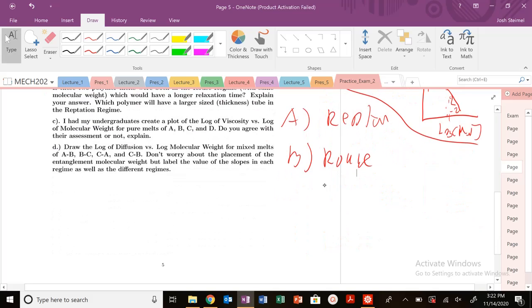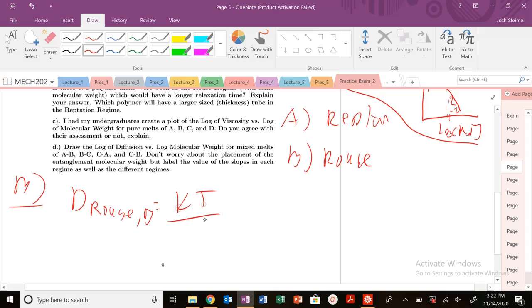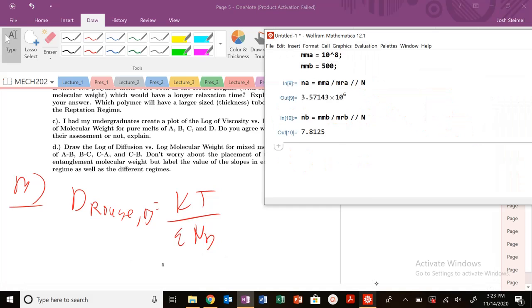If I want to calculate the diffusivity of B, let's focus on B for a little bit. I know that my Rouse diffusion, D Rouse B, is going to be equal to kT over eta times my number NB. So I can calculate that out.